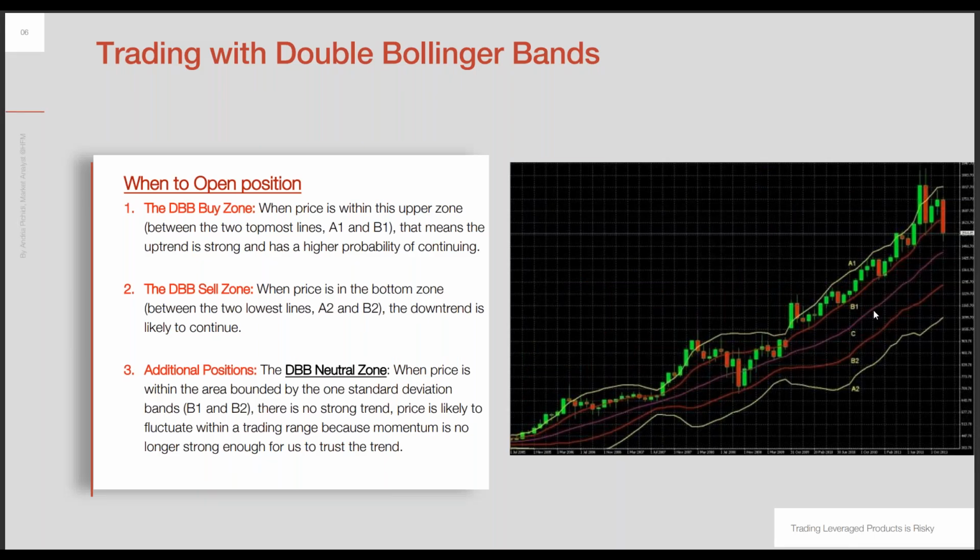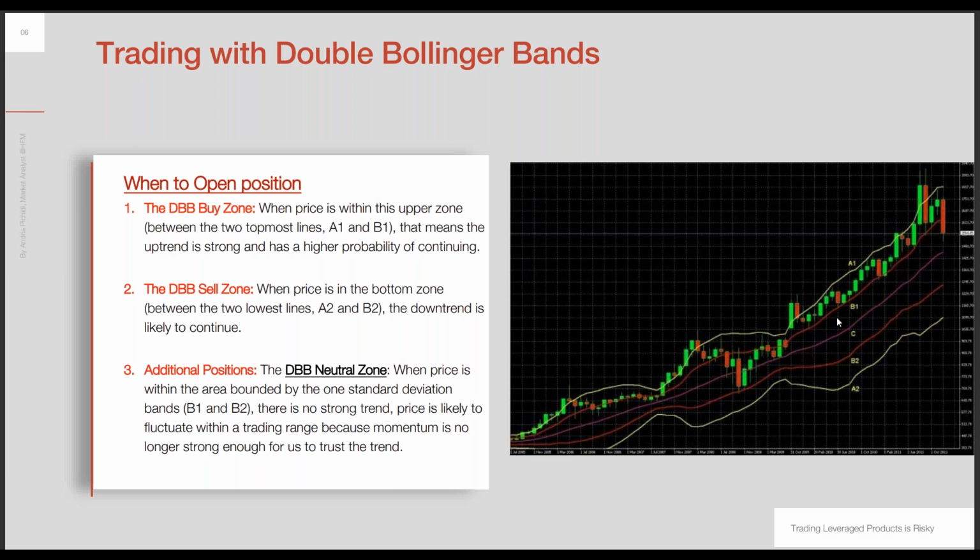So, as we mentioned, for opening a long position, for example, you can open a long position when the price is within the upper zone, so basically A1 and B1, okay? And if we keep seeing higher candles and higher candles, that means we have a strong uptrend and a high probability of continuing this uptrend.